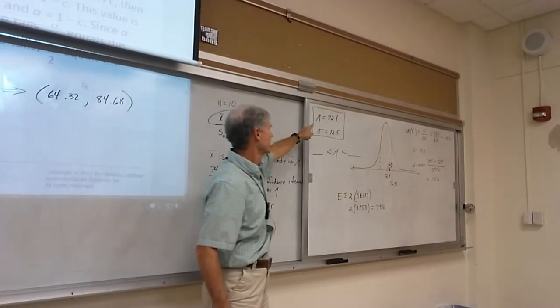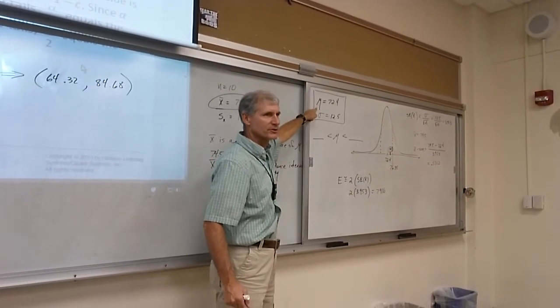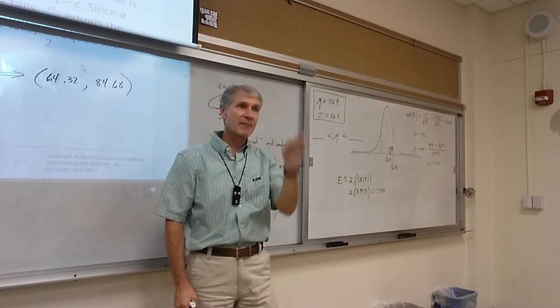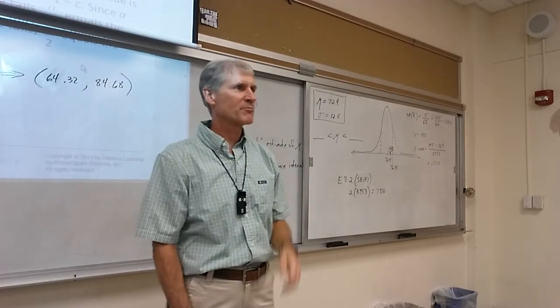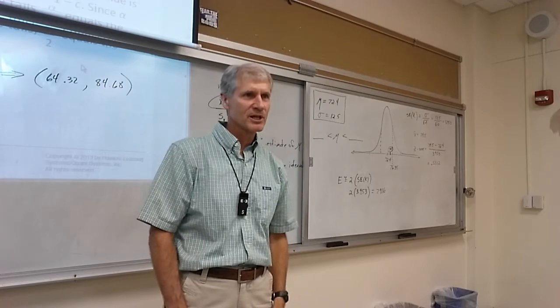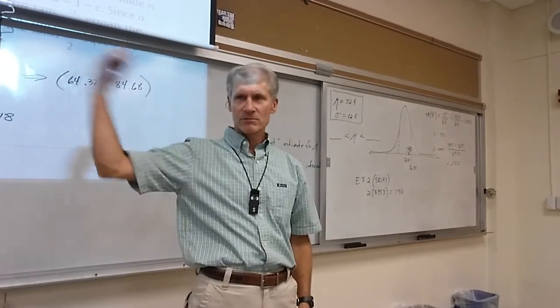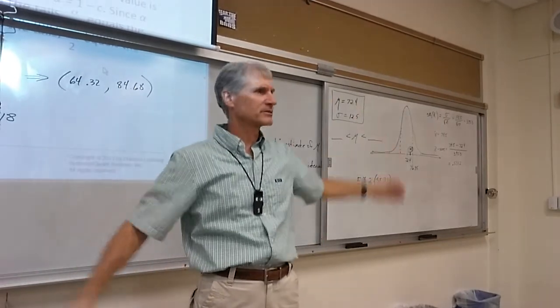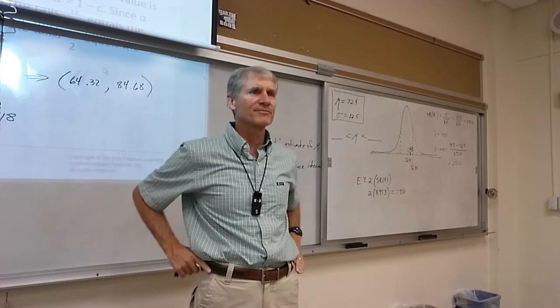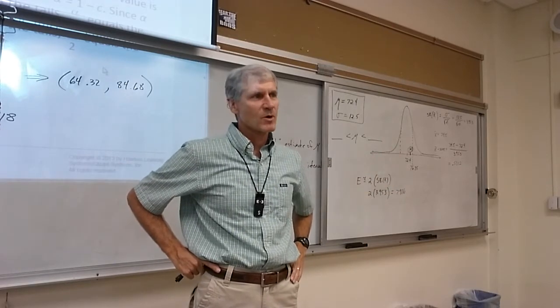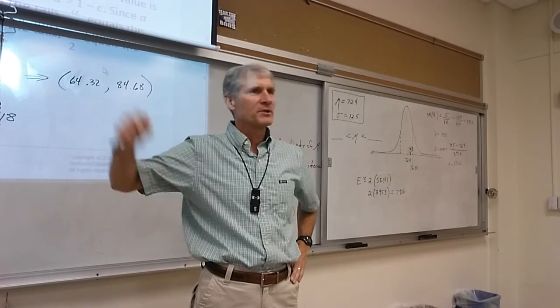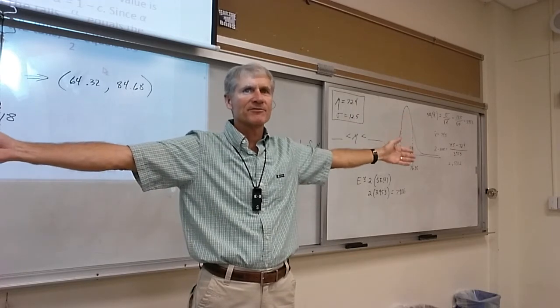Remember what I'm looking for here. The mean pulse in the population. And I am 100% confident that the mean resting pulse is somewhere between 0 and 1,000. I'm 100% sure of that. Or, to say it another way, negative infinity to positive infinity.